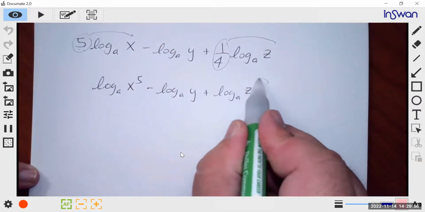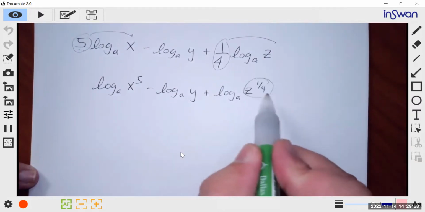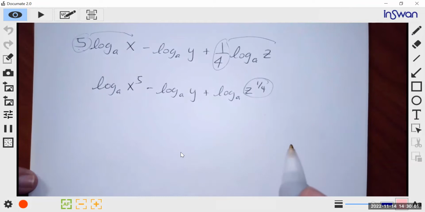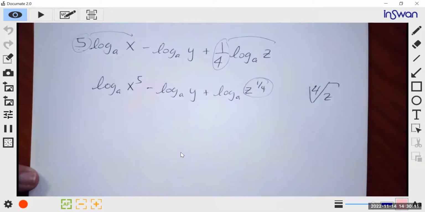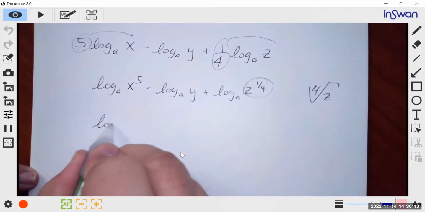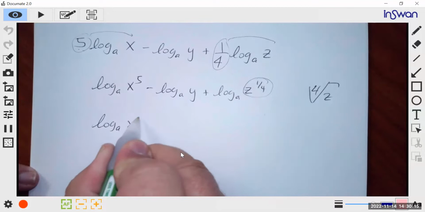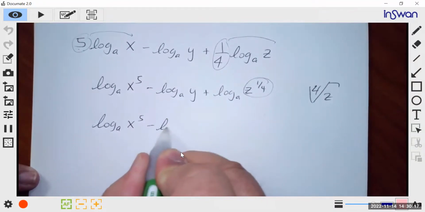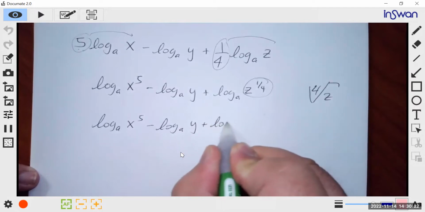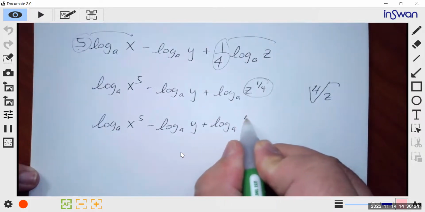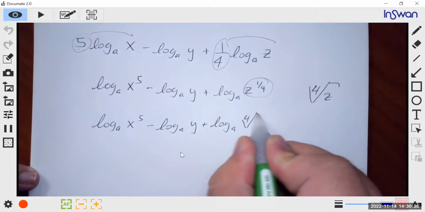We have a fractional exponent. What does z to the power 1/4 mean? Yeah, it becomes the 4th root of z. So this becomes log base a of x to the 5th minus log base a of y plus log base a of the 4th root of z.